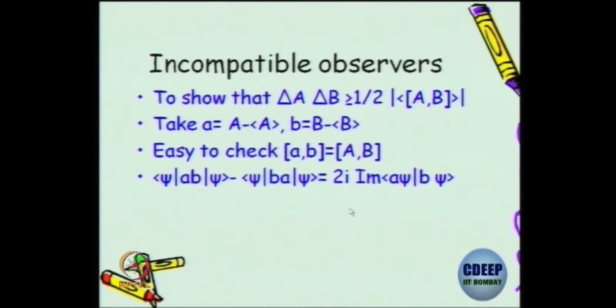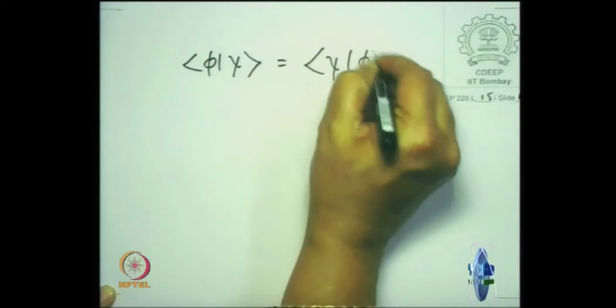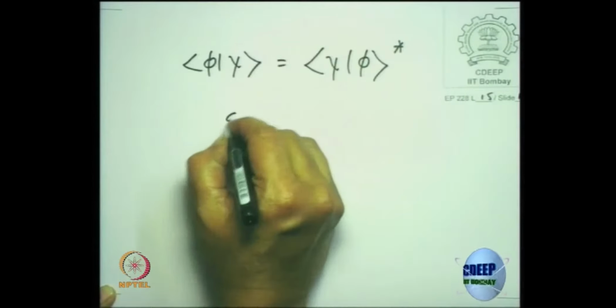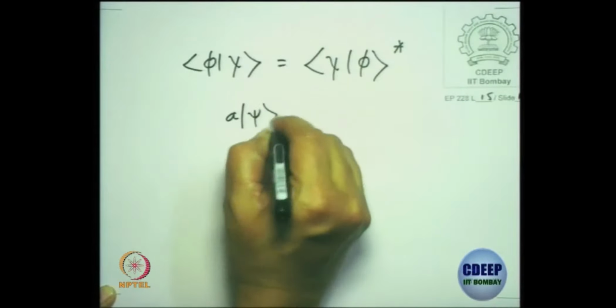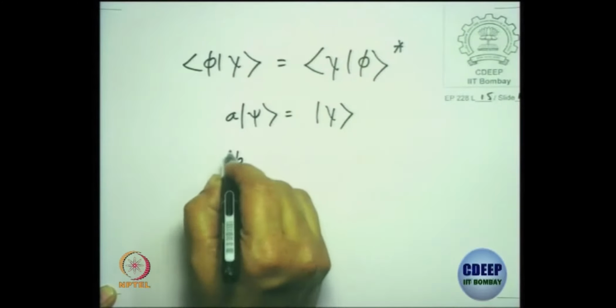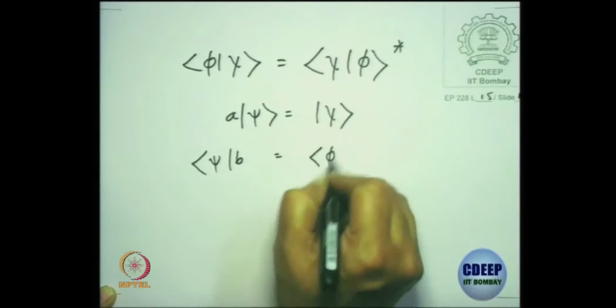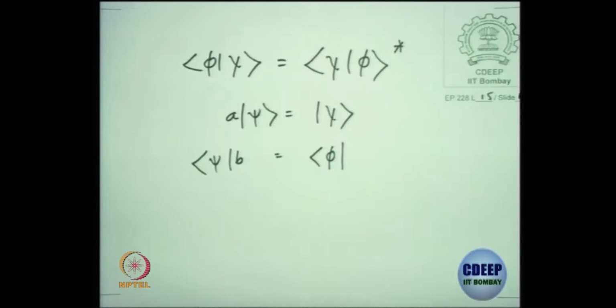What is the inner product property? They are Hermitian operators. They are observables.